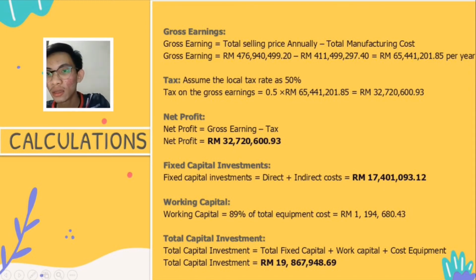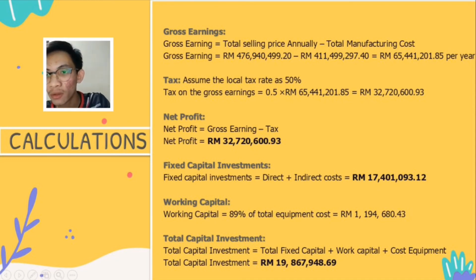And then looking at the fixed capital investment, it is a mixing of the value of direct and also indirect cost, where the direct is more focused on the equipment, piping, installation, building, and more, while the indirect cost is more focused on legal expense, engineering and supervision, construction fee, and more.